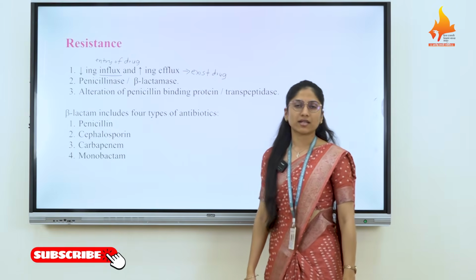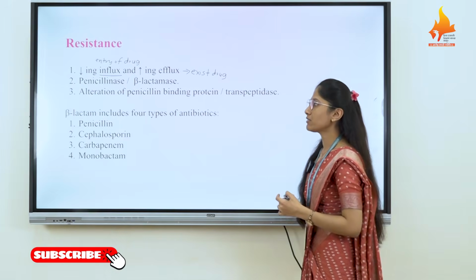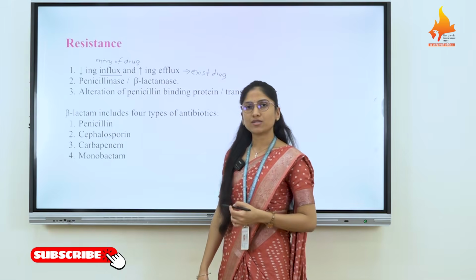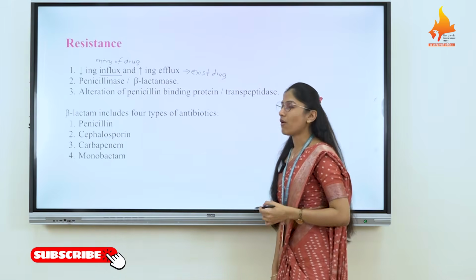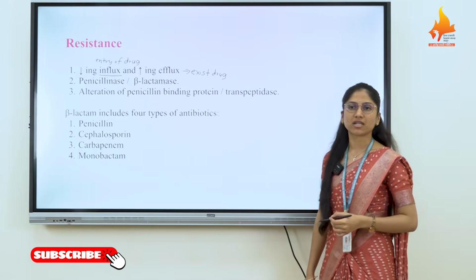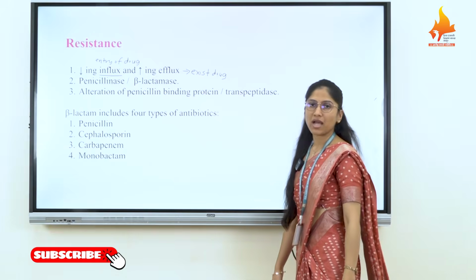Second resistance is by using the penicillinase enzyme, which is also known as beta-lactamase enzyme. Third resistance is alteration of penicillin binding protein, that is, the transpeptidase enzyme. So this is the classification of beta-lactam antibiotics.